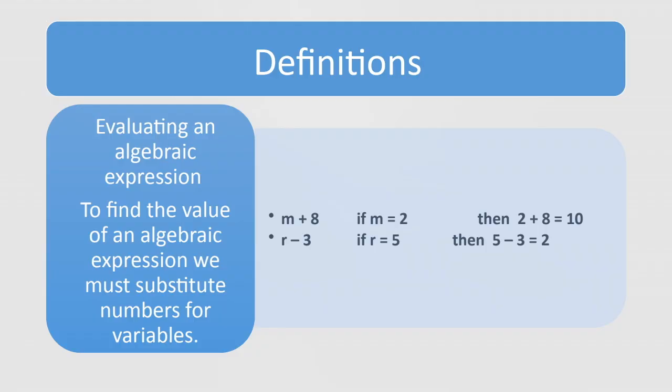And then in the second expression, r minus 3, if we let r equal 5, we put 5 in where the r is, and we get 5 minus 3, which equals 2. So we can evaluate algebraic expressions by substituting in numbers or variables.